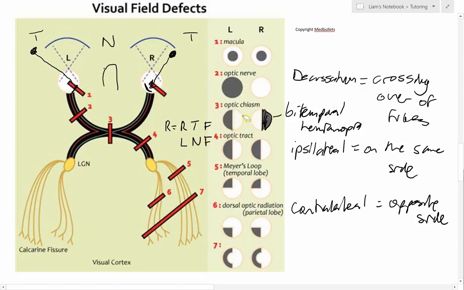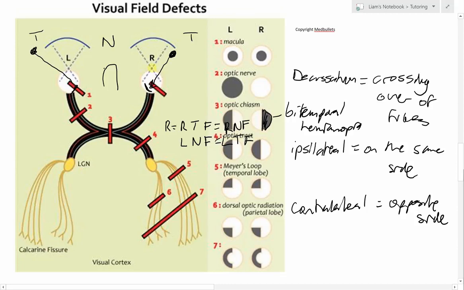The right temporal fiber is going to be carrying the right eye's nasal field of view, and the left nasal fiber is going to be carrying the left. Still gets me tongue-tied. The left temporal field of view.